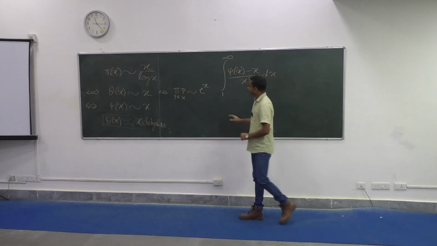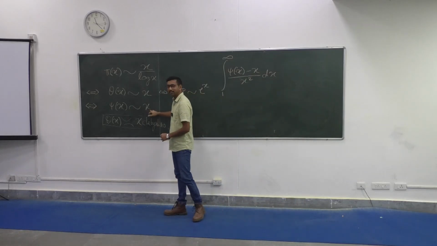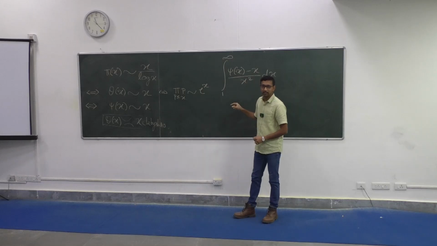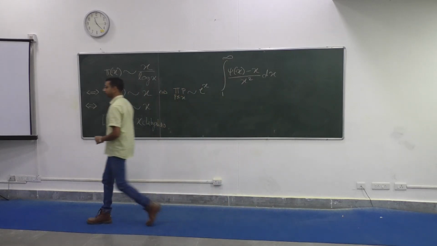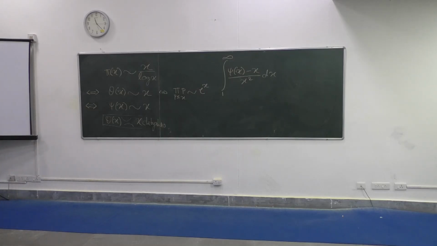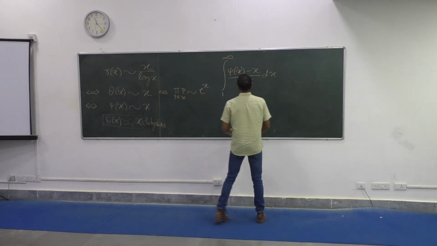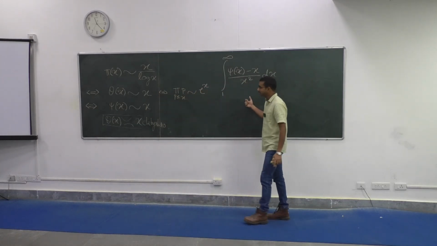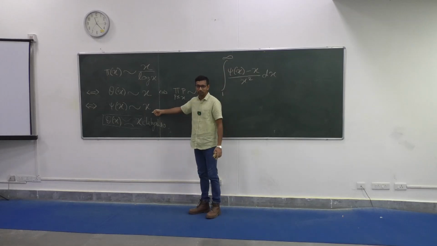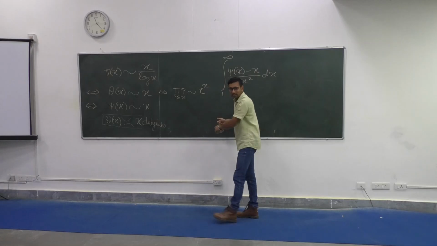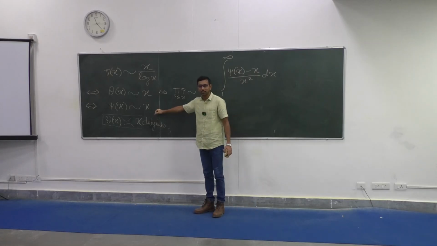We'll show that if this integral converges, then that would imply that psi x is asymptotic to x. So suppose this integral converges and this fails.